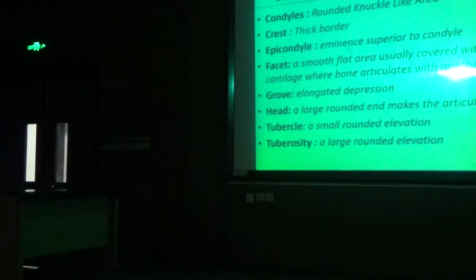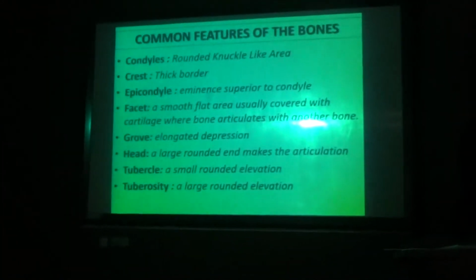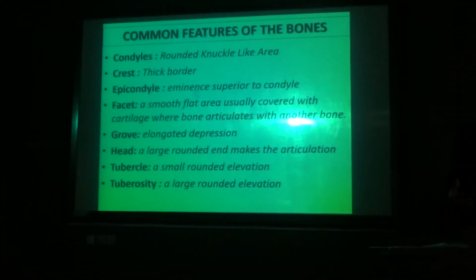Have you covered neuroanatomy? Sulcus. In a bone you also have sulci, grooves. I will discuss which grooves in the humerus. So these are the things present in all bones, but some features present in some bones and not in others are known as individual features. So we have discussed the common features of the bones.